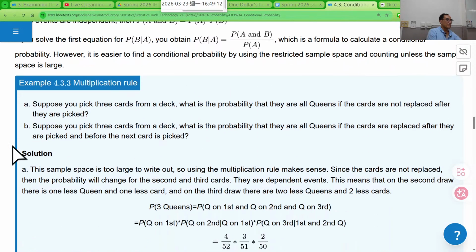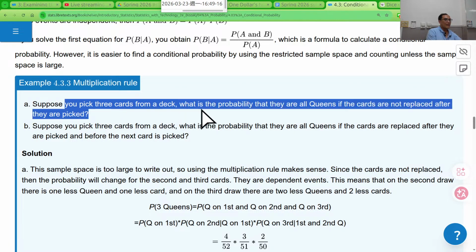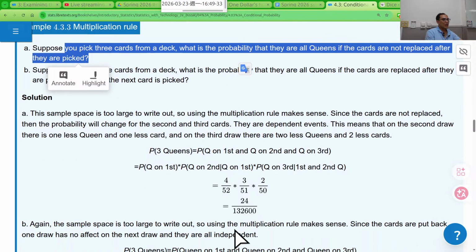Okay, let's check the first example. Suppose you pick up 3 cards from a deck. What is the probability they are all queens if the cards are not replaced after they are picked? Just pick up, then we do not put it back.